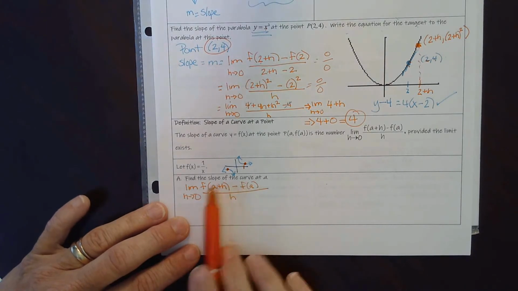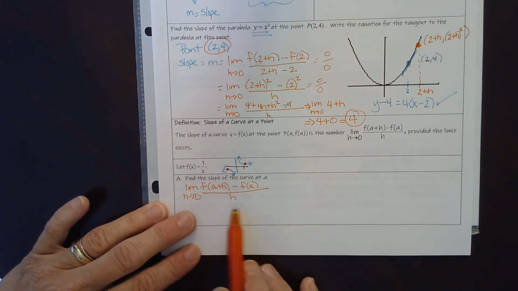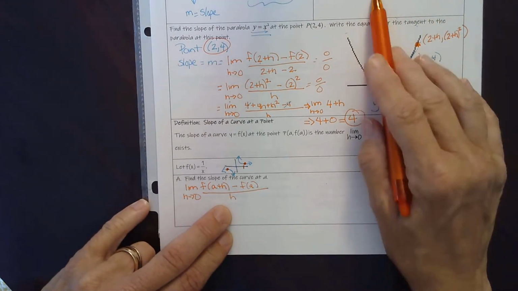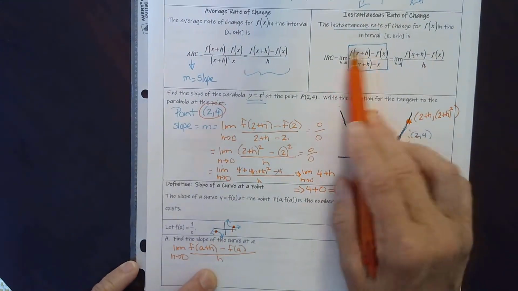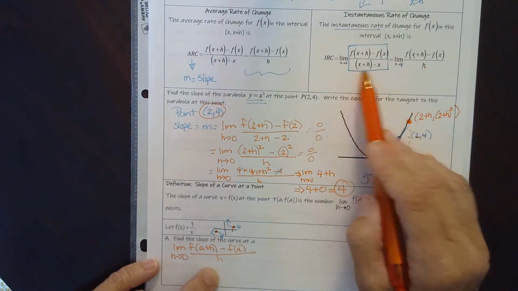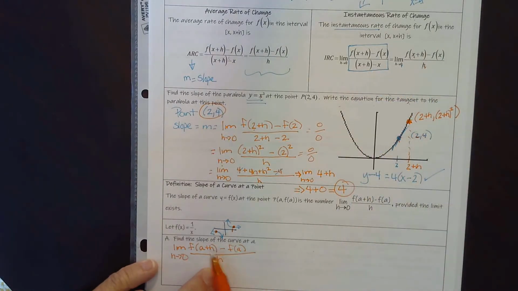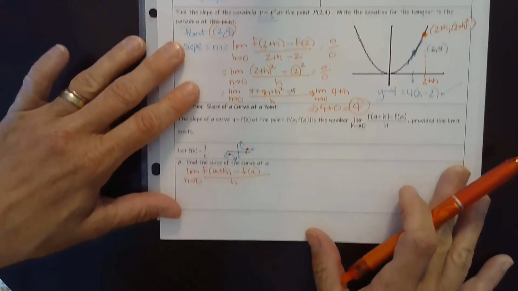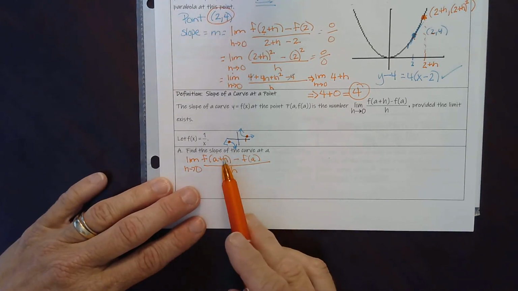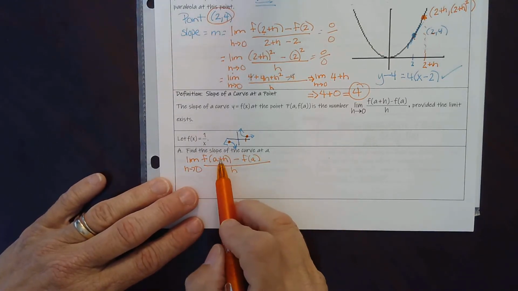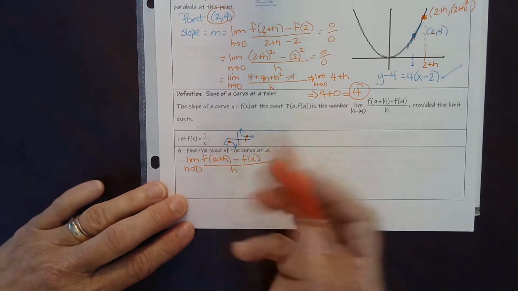So this is your slope formula, and in the slope formula here, you will always lose those x's. In this case, you would lose your a's. Okay, so now I'm going to substitute a plus h in for x.